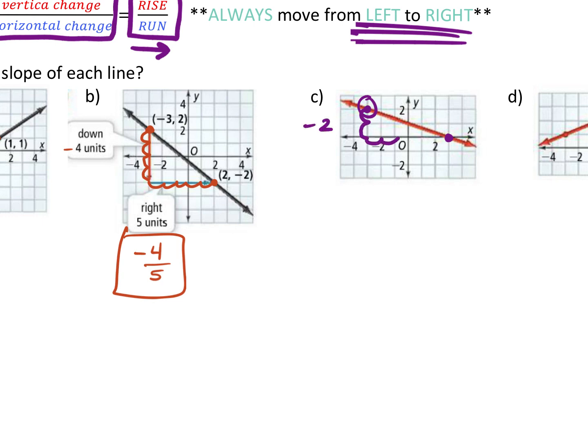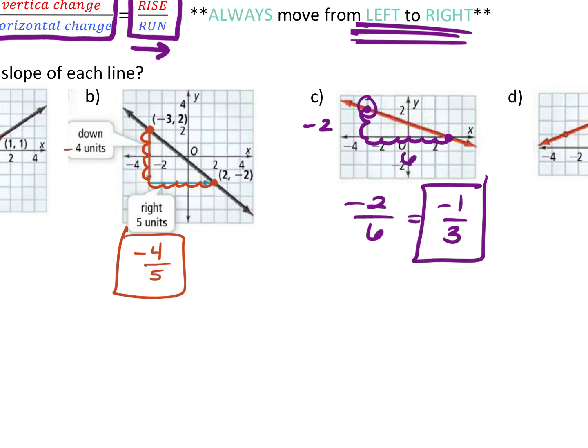And then 1, 2, 3, 4, 5, 6 is a positive 6. Your bottom number is always going to be positive if you do my method. Okay? So down 2 over 6. What can you do to that? Reduce. If you can reduce, you should reduce. So the slope here is a negative 1/3.